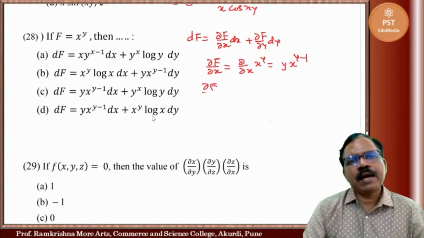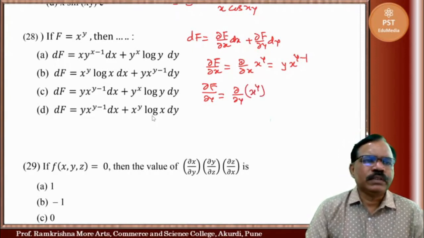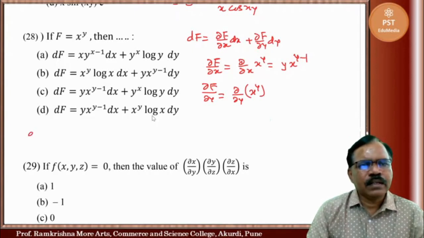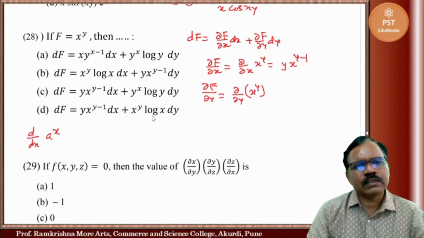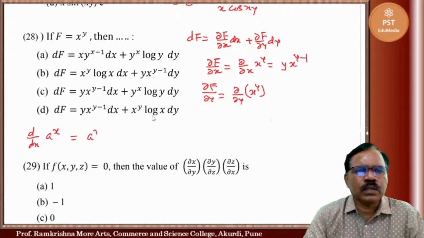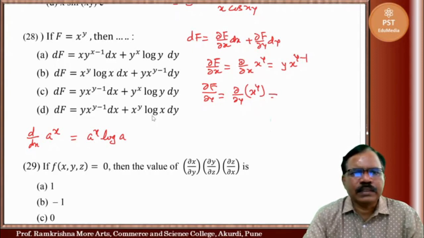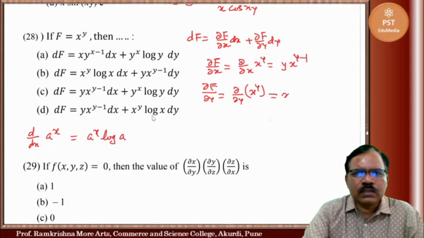Now ∂f/∂y will be equal to ∂/∂y of x raised to y. Now we know the general equation, if we take d/dx of a raised to x, then it comes out to be a raised to x into log a. So here you will get x raised to y into log x.